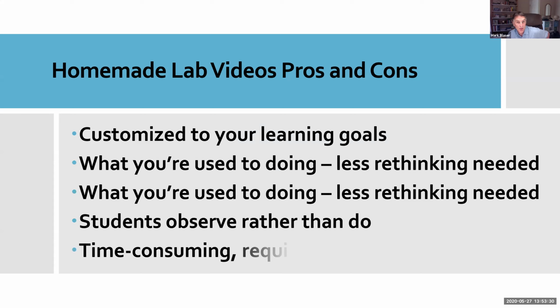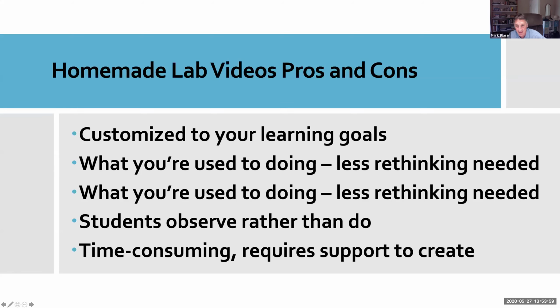Nice thing is you're doing something that's customized; these are labs that you already were going to do. There's an advantage in that you're doing what you're used to doing and you don't have to rethink things as much. There's a disadvantage in that you're doing what you're used to doing and you're not having to rethink things very much. And students are doing an awful lot of observing rather than doing. They're not measuring things out themselves.